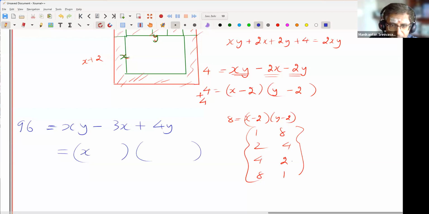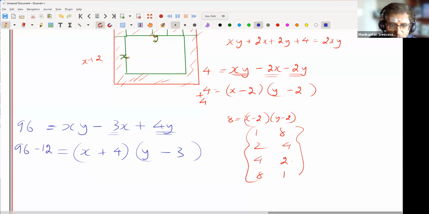I'll put an x here and a y here, that satisfies my xy. I'll need a minus 3x, so I'll put a minus 3 here so it can combine with the x. And I need a plus 4y, so I'll put a 4 here. But I've introduced a minus 12 on the right-hand side. Therefore, I'll compensate by putting a minus 12 here as well.